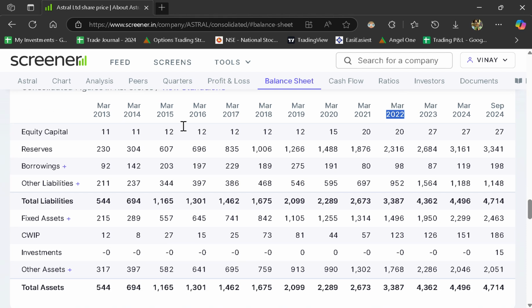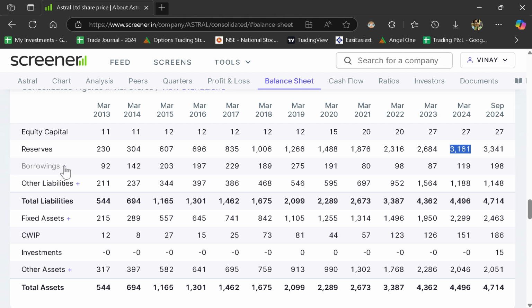Now, as you can see, the equity capital has increased to 27. Then there are reserves. The reserves is a very positive sign if it increases year on year. That means the company has more assets and more reserves as cash also.